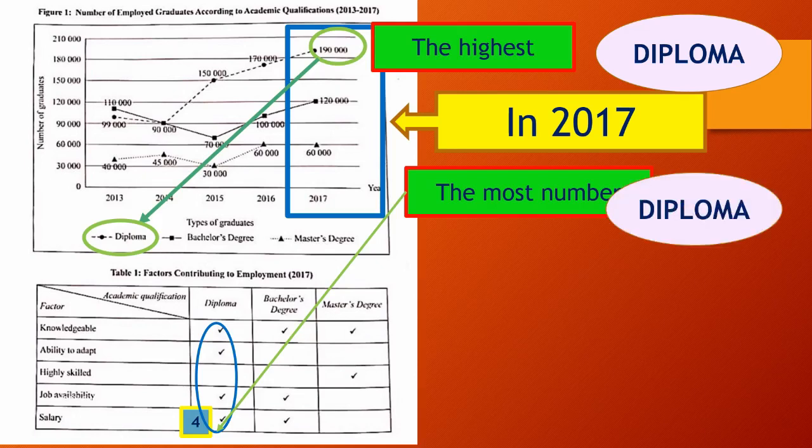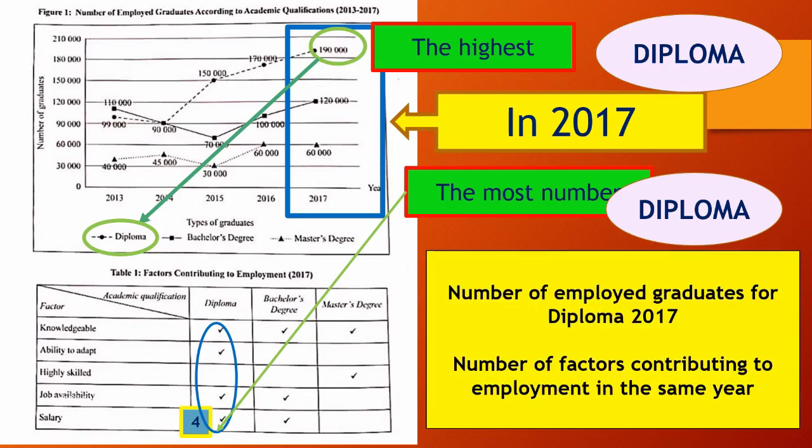So in 2017, the number of employed graduates for diploma was the highest, and also the number of factors was the highest. Then I can make one relationship here. Number of employed graduates for diploma was the highest. Link it to number of factors contributing to employment in the same year.